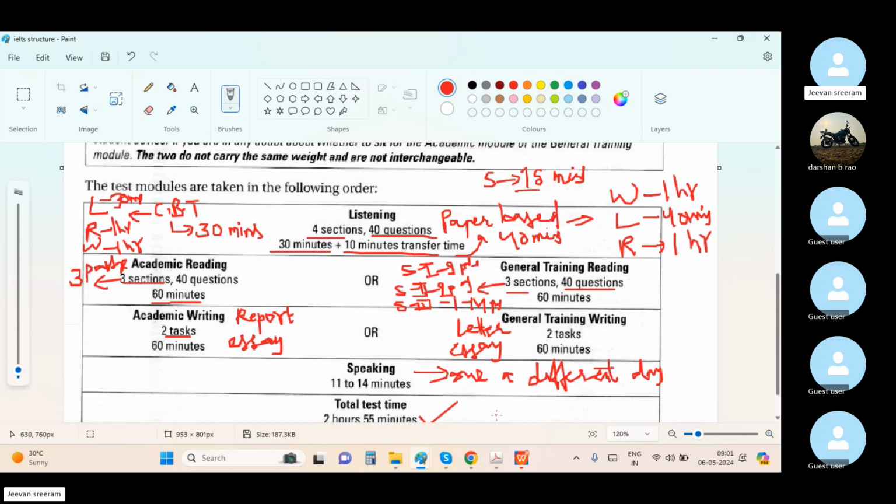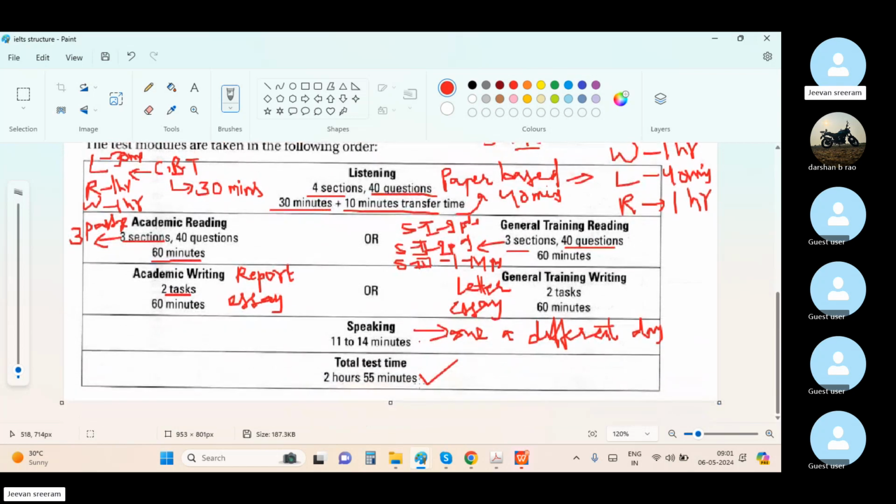So I always recommend the students to go with the computer-based test. This is also based on evidence, not only due to the advantages with regard to the results you're going to get, but the students who were unable to get better scores in the paper-based test had actually got better scores on the computer-based test.